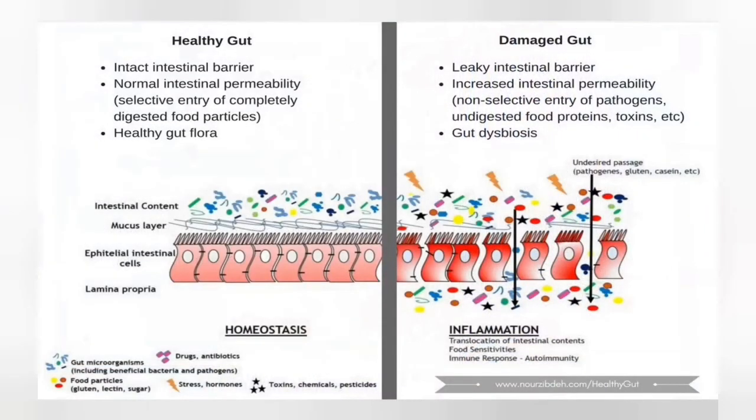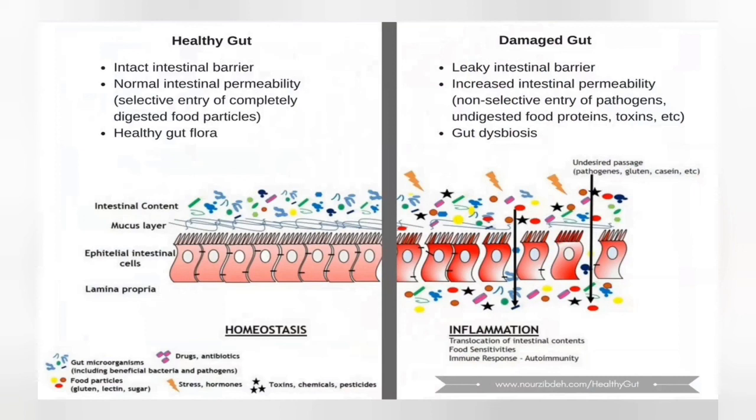And we have also understood the concept of a leaky gut. So when you have an intact intestinal barrier and a normal intestinal permeability and a healthy gut flora, that is the ideal homeostatic condition of your gut. And here there is a good food digestion.